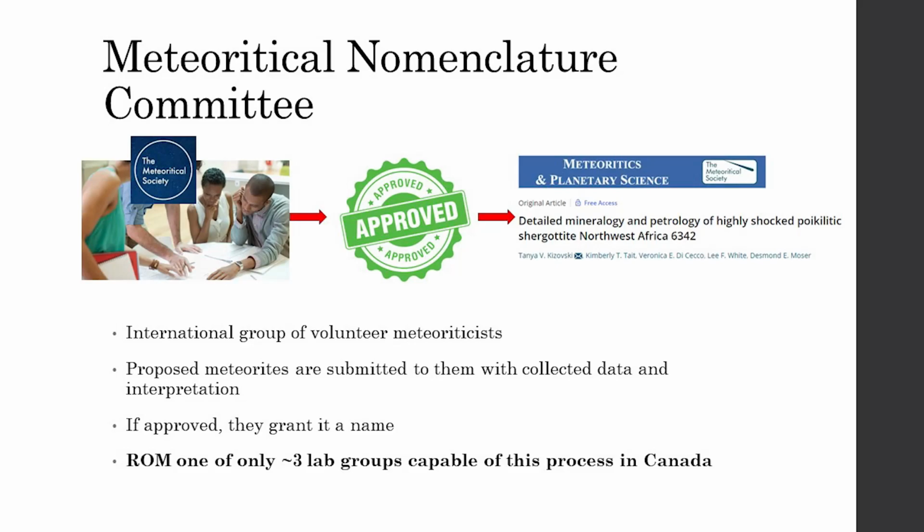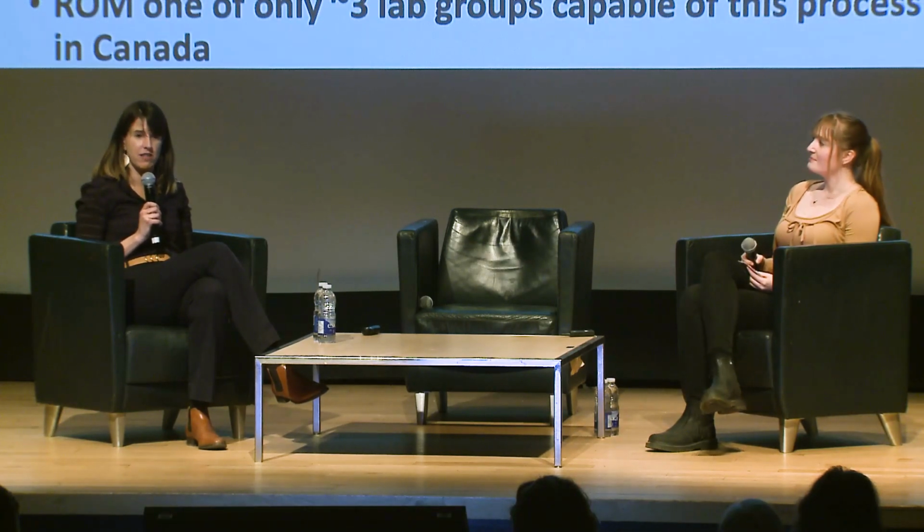There's a group of international volunteers who are meteoriticists, which is a bit of a mouthful, but I think it's because the weather people took over the word meteorologist, so they got there first. This international group of meteoriticists oversees all of the submitted meteorites. We have to prove to them that we have a meteorite on our hands before we're allowed to call it that.